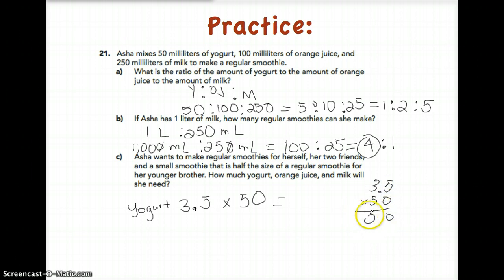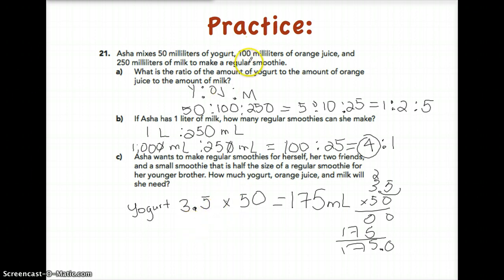Let's see, times 0, 5 times 5 is 25, this is 17, so that's 175, because we count 1 decimal place. So we have 175 milliliters of yogurt. We need how much milk, how much orange juice.